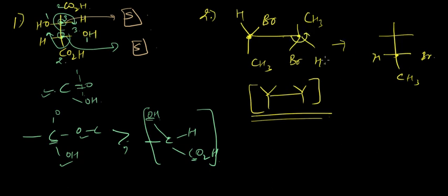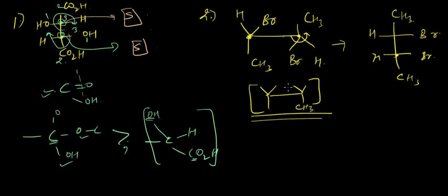By having a rotation here, H, which is at the bottom, coming towards you, will go up, going away from you, and Br, which was originally down, going away from you, will come up, coming towards you, and CH3 would come at the lower position.